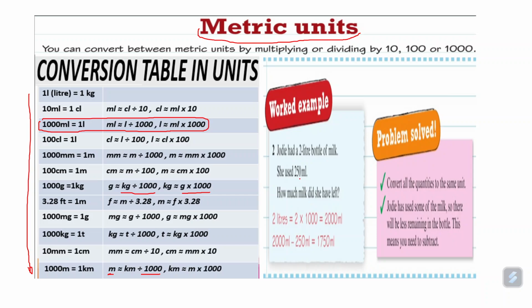You need to put them in the same unit of measurement. So converting 2 liters to milliliters. Remember, we said 1000 milliliters make 1 liter. So if you are converting from liters to milliliters, you multiply by 1000. In other words, 2 liters is the same thing as 2000 milliliters. So we take away 250 from 2000 milliliters, you have 1750 milliliters.